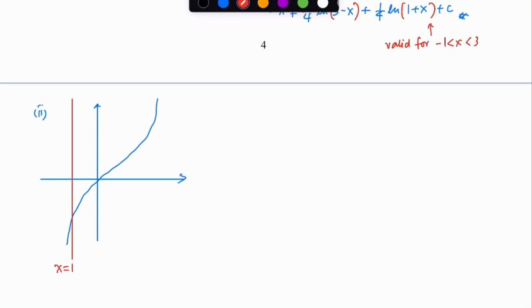So this is x equals to 1 minus root 3. Really don't have to draw because you just need to visualize. Here you should have an asymptote at -1, and here you should have an asymptote at 3. This is what the range means, the range where it's well defined.